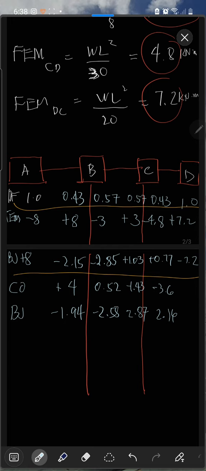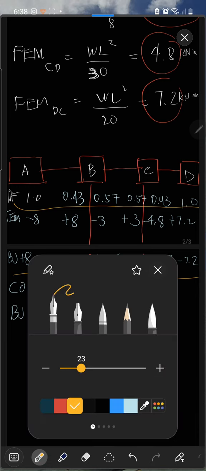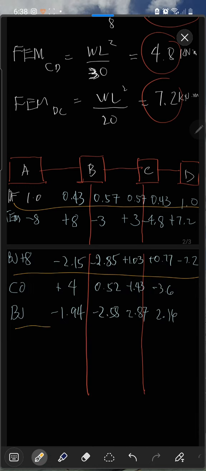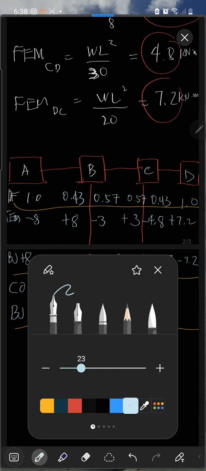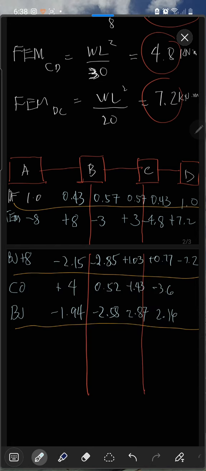Okay, so nanatay ikaduha nga cycle. So testing na to up to 3 cycle lang. Okay, so carry over na ta. For the third cycle, carry over.